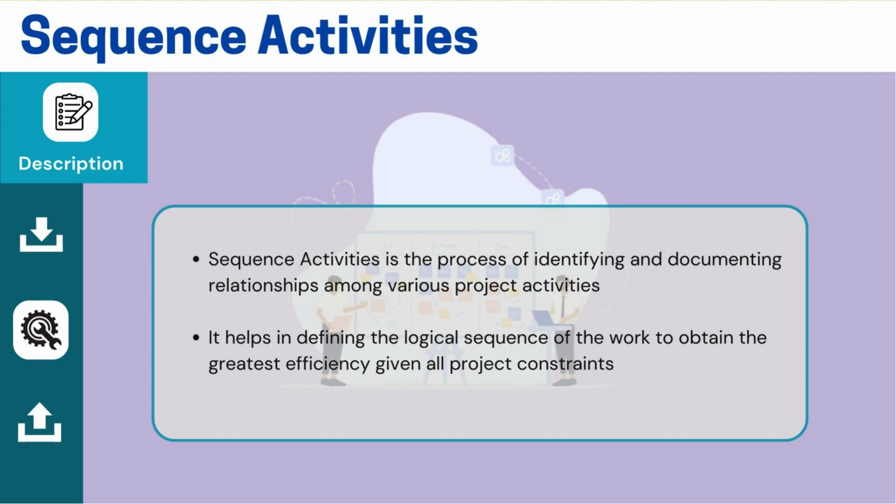This is done in the sequence activities process. In this process, as the name suggests, we organize the activities in the correct order. We also need to understand the dependencies and relationships between them. Sometimes we must consider constraints and assumptions related to the activities. All of these factors are part of sequencing activities.